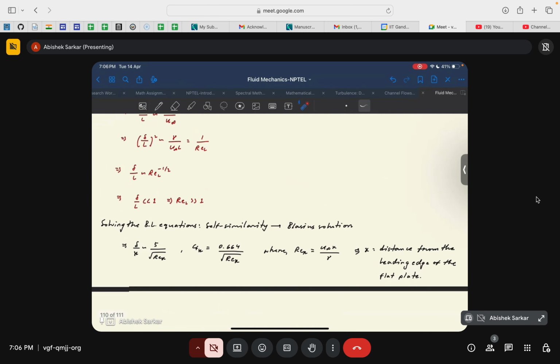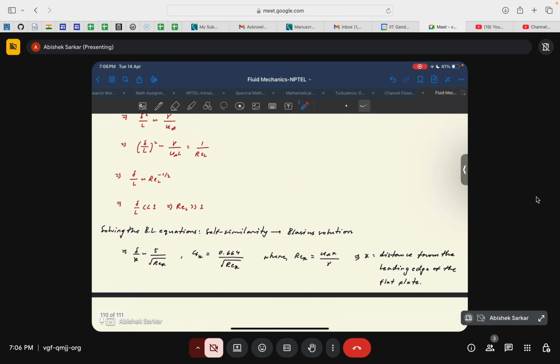If there's any doubt, I'll wait for 2 minutes. If there's any doubt, you might ask regarding the boundary layer theory at least. And if not, then for the next half an hour, I'll quickly go through the entire course, just skim past it very fast as a revision.